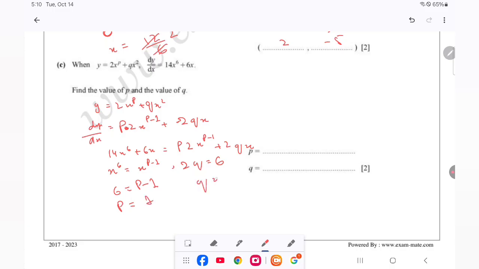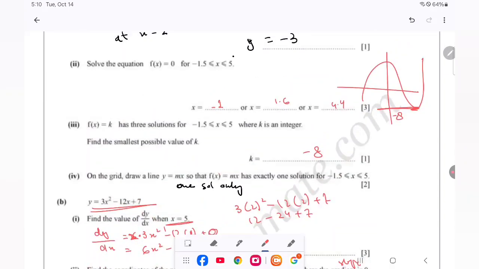And 2q equals 6; divide both sides by 2, q will become 3. So q is 3, p is 7. Move on to our next question.